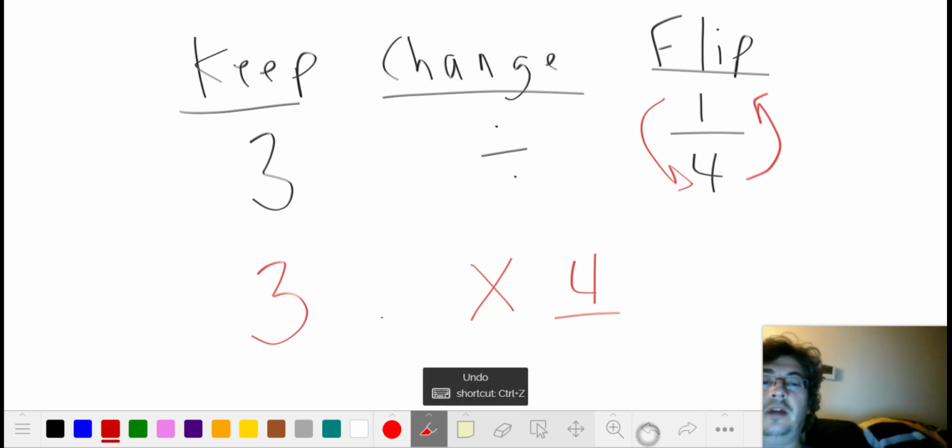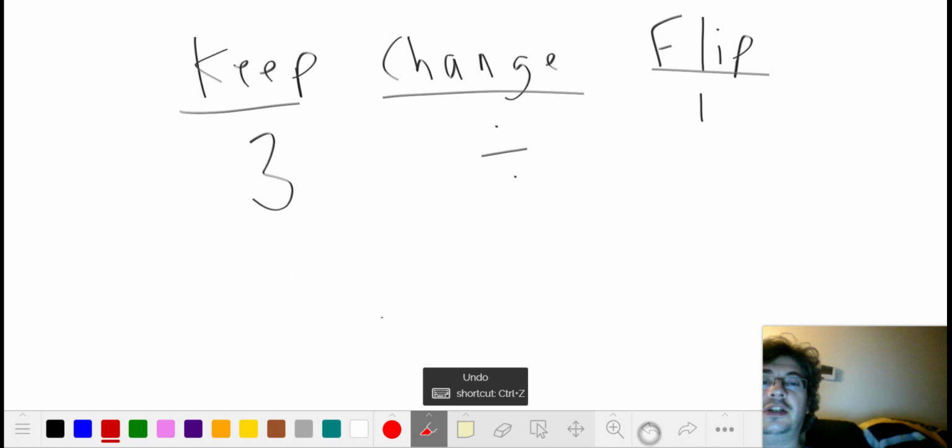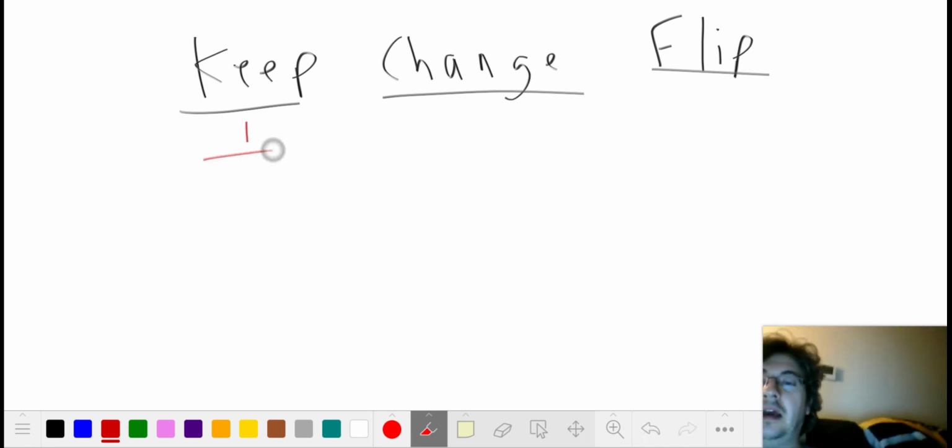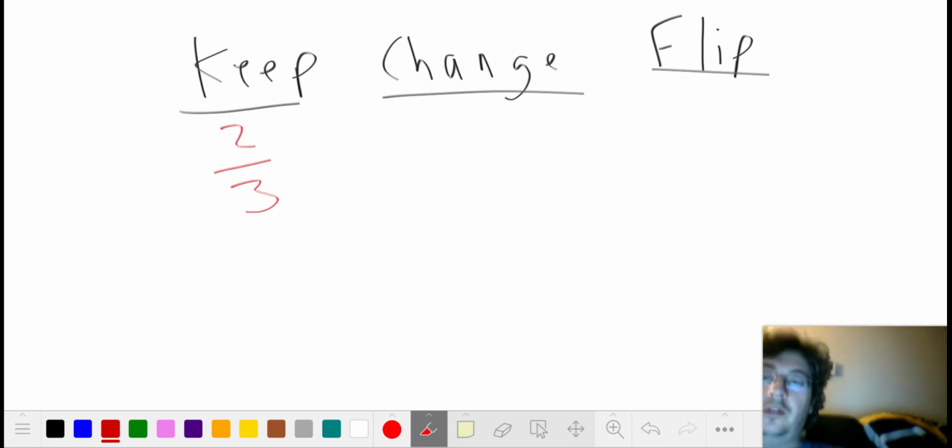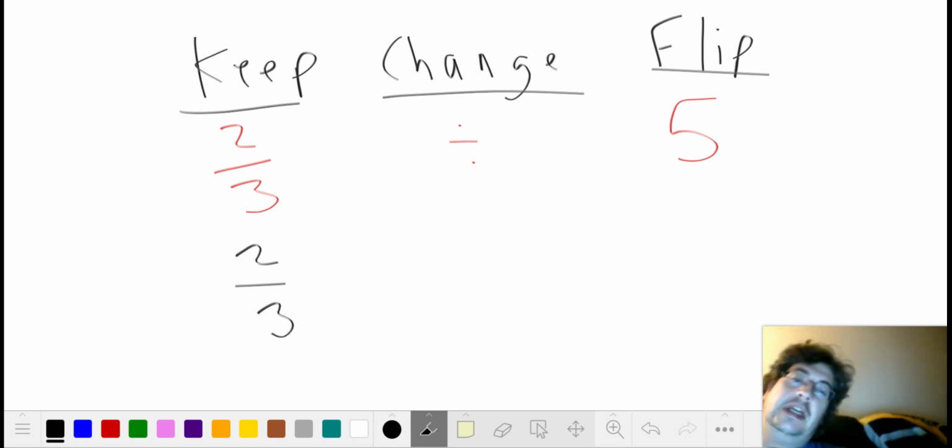Now I'm going to do an example where you have a fraction being divided by a whole number. So let's say we have, you know what, let's mix it up. Let's say we got 2/3 divided by 5. Okay. So we're going to keep the 2/3. We're going to change division to multiplication, and then we're going to flip the 5, or write the reciprocal of 5. Now, what does that look like?